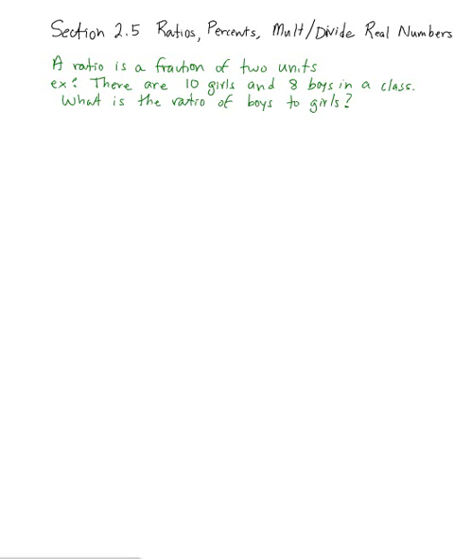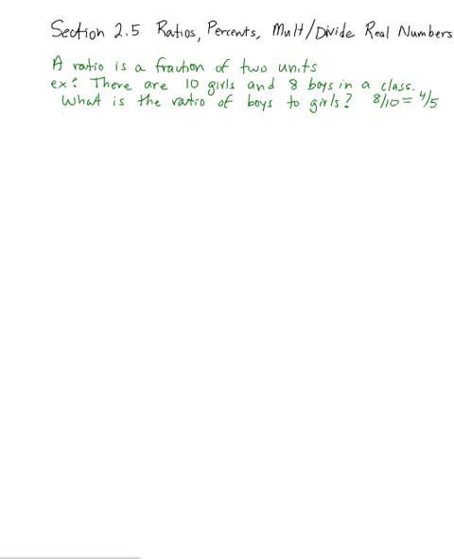Well, you start with the number of boys, there's 8. You divide by the number of girls, there's 10. So the answer would be 8 over 10, which we would probably reduce. We reduce our fractions here. We would write it as 4 over 5.